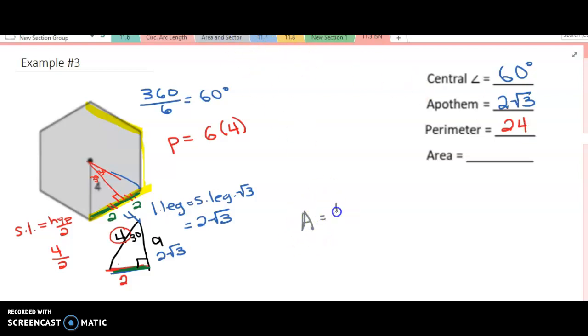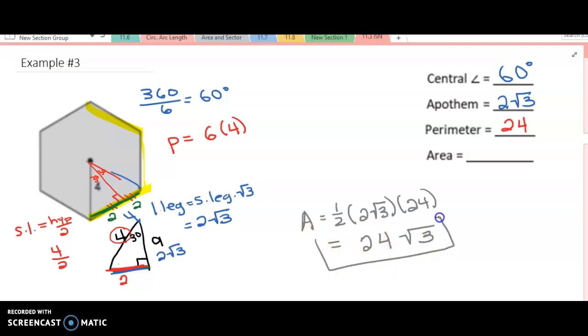Okay, area equals 1/2 times my apothem, which is 2 square root of 3, times my perimeter. So this is just 24 square root of 3. Or if you want to get a decimal, 24 square root of 3 is roughly 41.57. I'm going to keep it exact, 24 square root of 3.